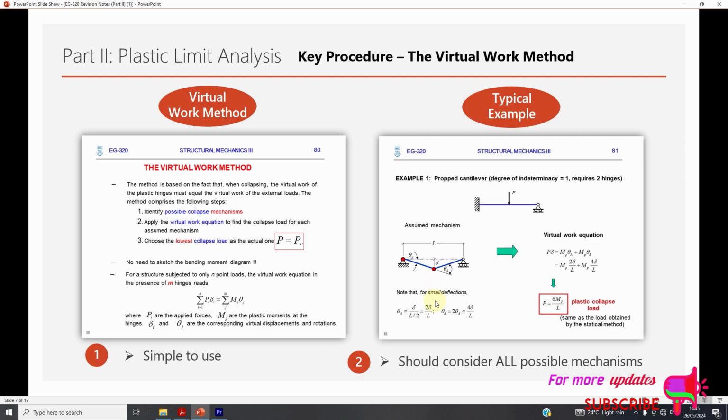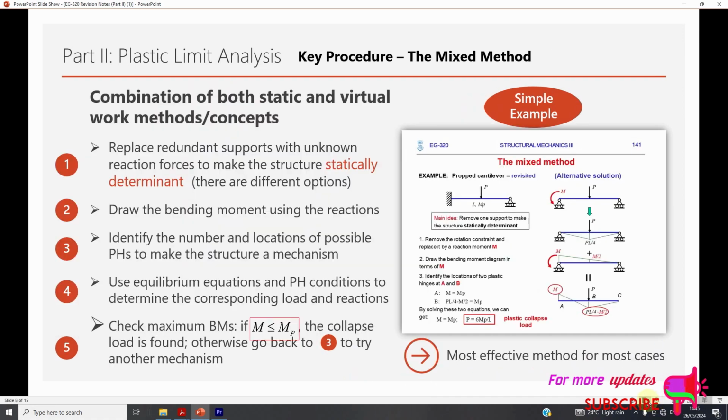Note that for small deflection, the formula is as follows. This virtual work method is simple to use and you should consider all possible mechanisms.